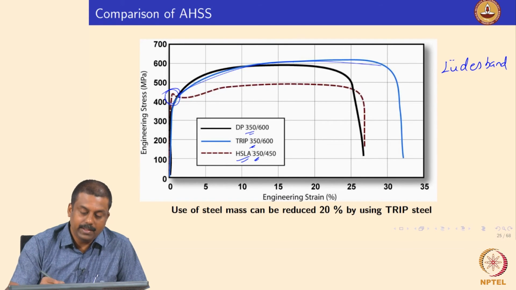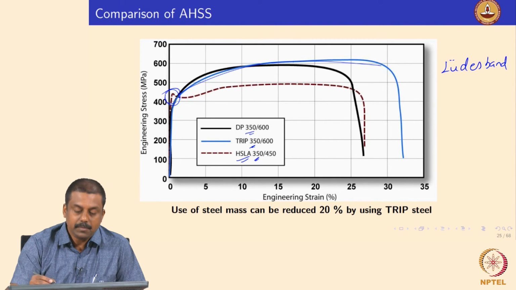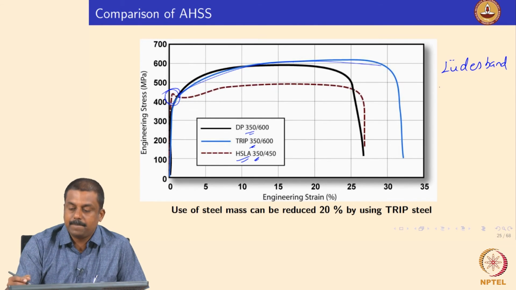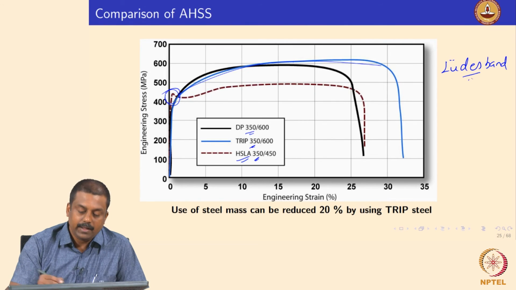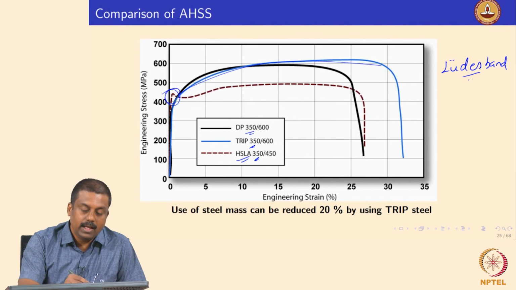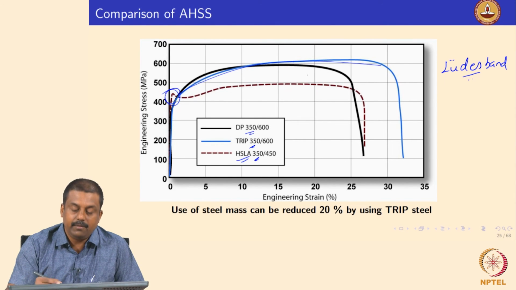So, apart from the advantage of increased uniform elongation, the DP and TRIP steels also give deformation without the yield point phenomena. Okay. So, the advantage in terms of increasing strength in UTS, ultimate tensile strength, as well as the total uniform elongation, which is increased significantly, made the DP and TRIP steels very attractive to replace the conventional high strength and conventional ferritic pearlitic steels.